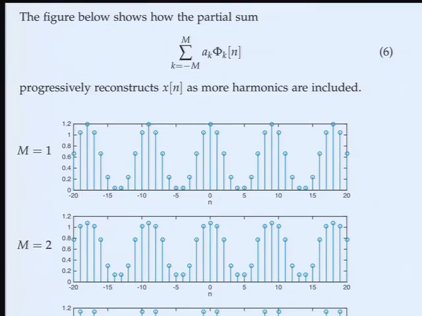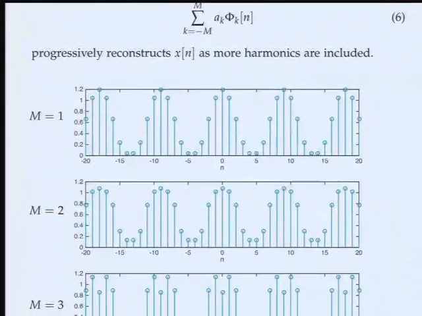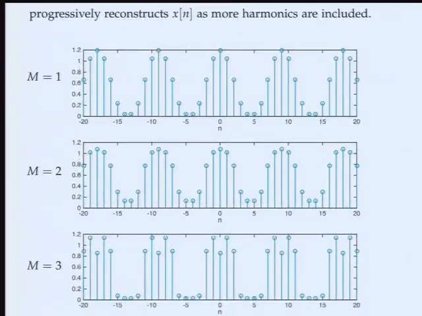But as I keep adding more terms, if I'm looking at M equal to 2, now that means I go from k equal to -2 to +2, so that I actually use 5 out of the 9 terms I need to reconstruct the full thing. So it's getting closer to a square wave. M equal to 3 means I have 7 terms. I started at k equal -3, went to +3. There are 7 terms. Getting very close, as you can see.